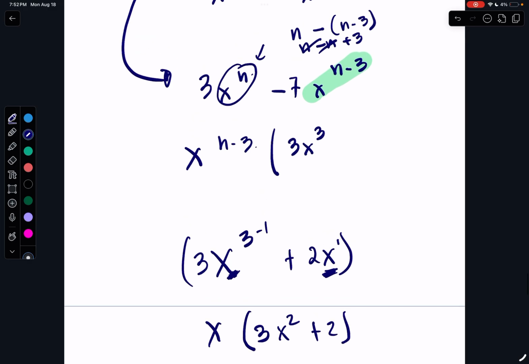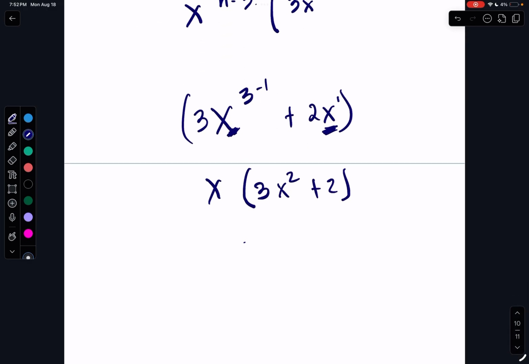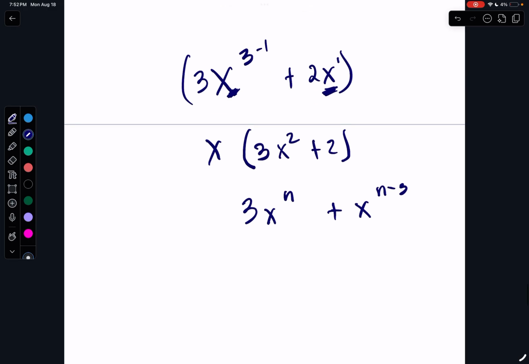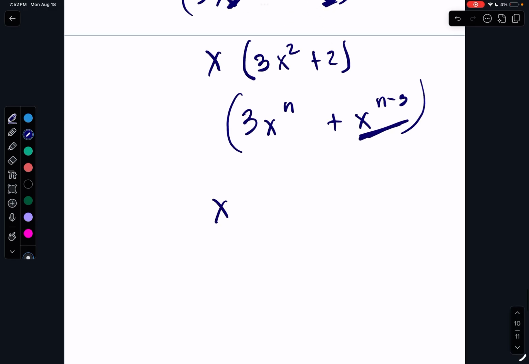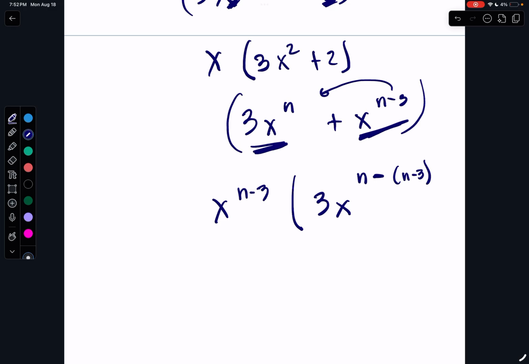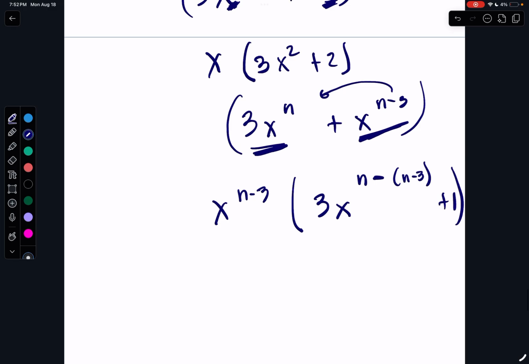The same thing here. If you have 3x^n plus x^(n-3), and I'm going to factor out x^(n-3), that will become x^(n-3) times (3x^(n-(n-3)) plus 1 at the end.